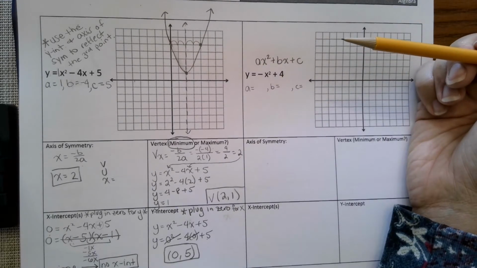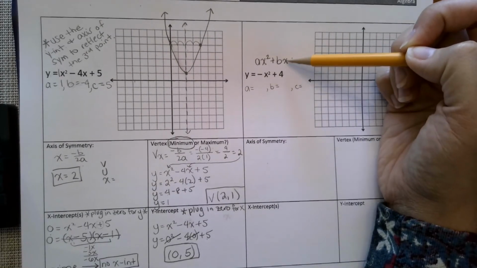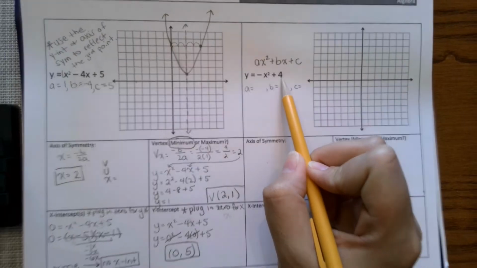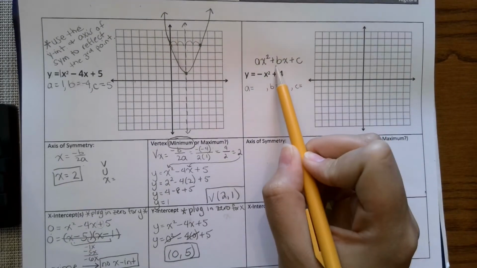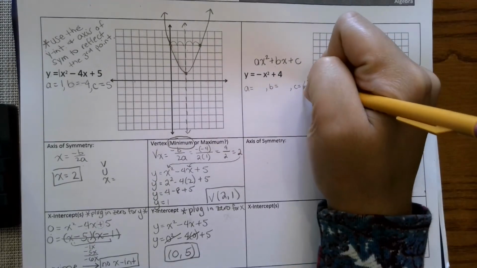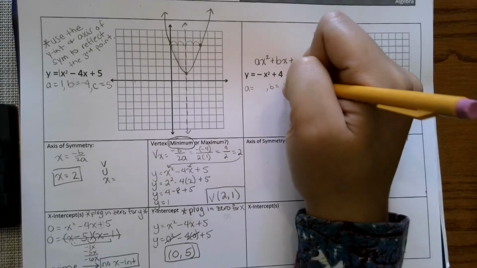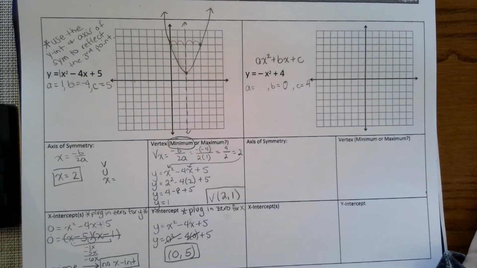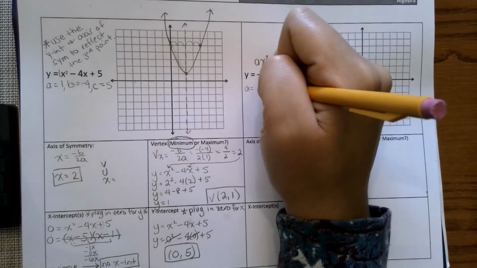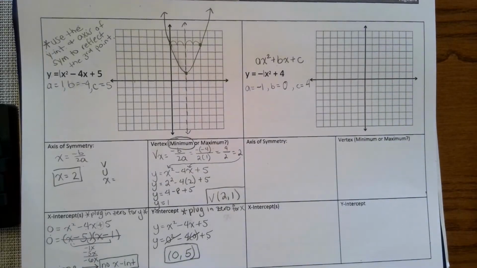But if you notice, our b term has to be attached with an x. So in this situation, the 4 is not actually the b term because there's no x next to it. The 4 is actually our c term. We don't have a b term. That makes it 0. And our a here, if this is a negative x squared, that really means that our a is negative 1.